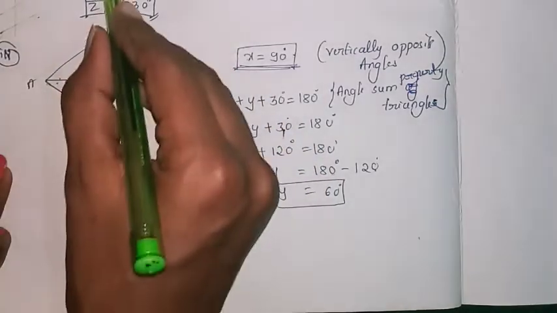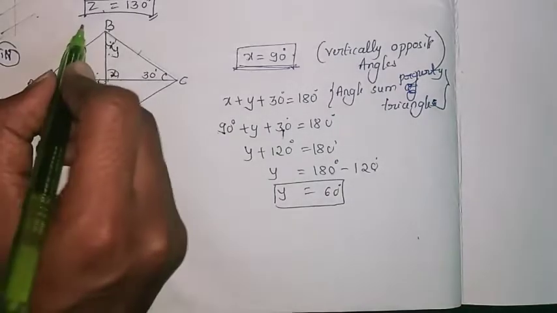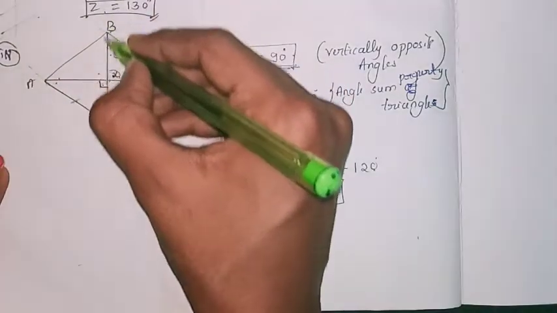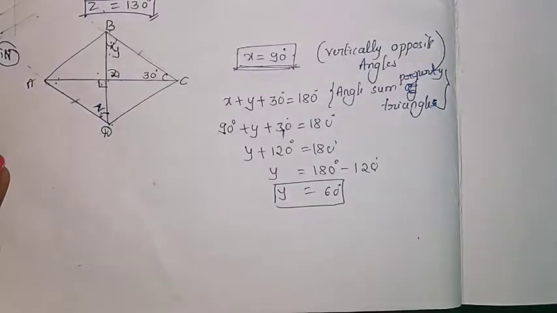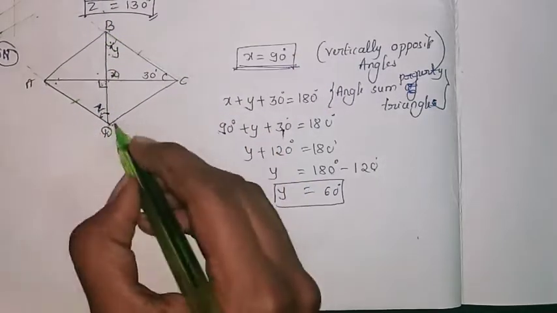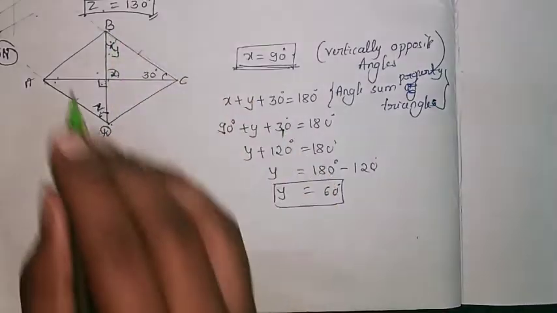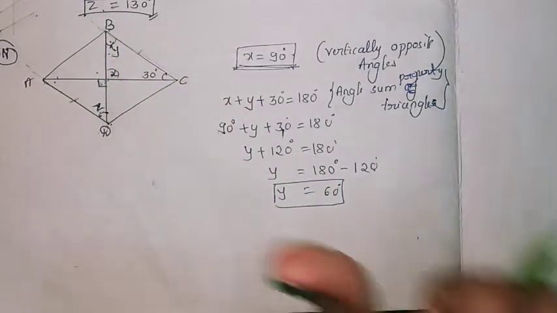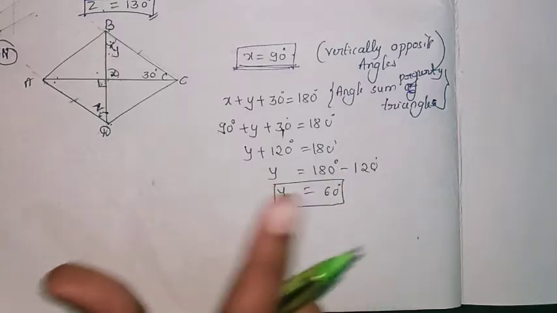If you extend this one and draw the line, it will be the same. This is the third transversal line, we can say. There are two parallel lines and one line joining them, so there are two intersection points. Like that, there are corresponding angles and alternate interior angles.